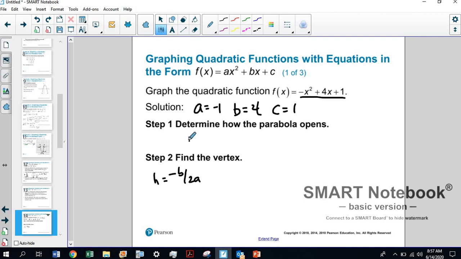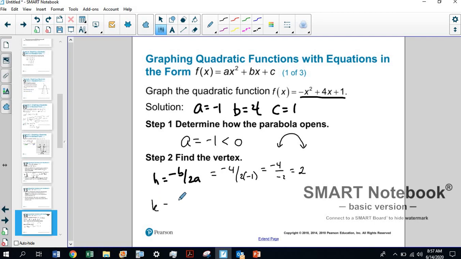Okay, so what do we have? We have a is equal to negative 1, which is negative, so that opens down, parabola opens down. Minus b over 2a, you plug in minus b, you get minus 4 over 2 times negative 1, and so that's negative 4 over negative 2, and so you get positive 2 for h.